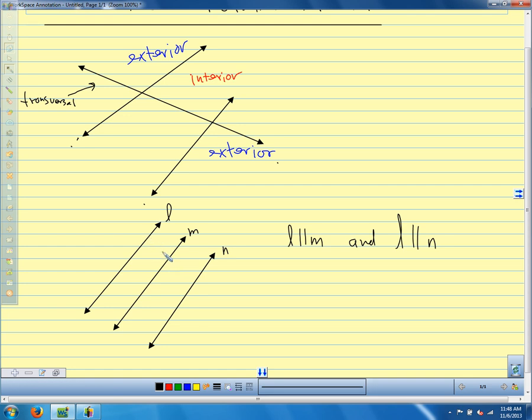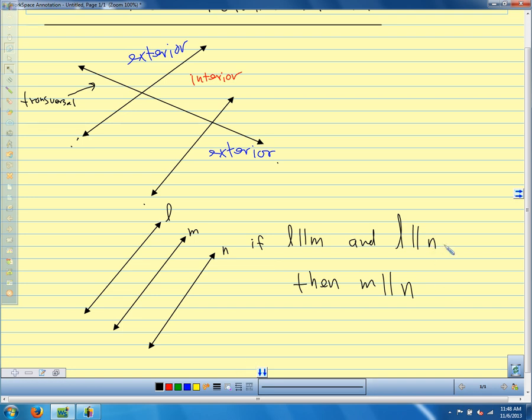L is parallel to M and L is parallel to N. So if that happens, then M is parallel to N. So if these two lines are both parallel to the same line, then they're parallel to each other. So that's what goes in the box there at the bottom of your graphic organizer.